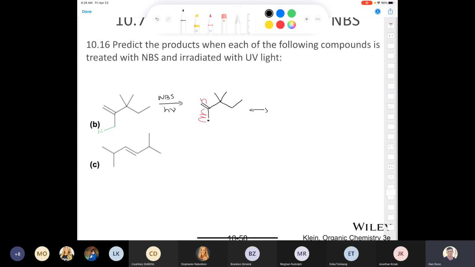If I paste that, delete these, and delete that, I'm going to end up with this radical. Can anybody tell me what the relationship between these two radicals is? And it's not a trick question. What's the relationship between those two radicals?